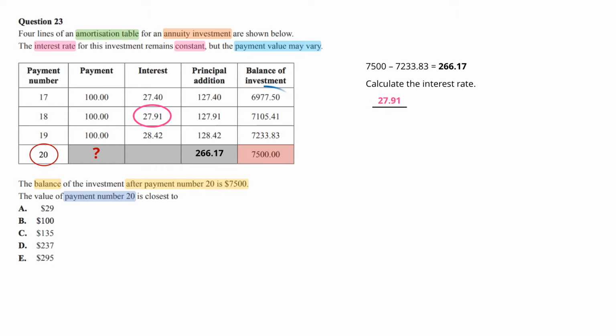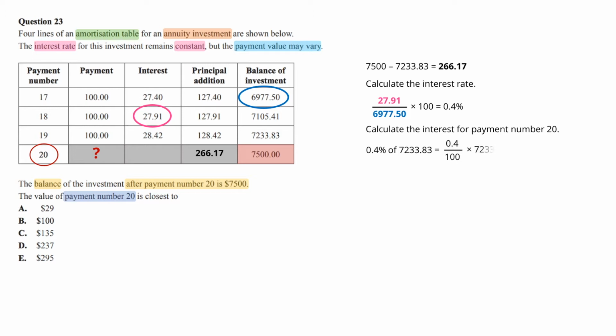Let's calculate the interest rate. 27.91 is the interest calculated on $6,977.5, which is 0.4%. We are now going to calculate the interest for payment number 20. 0.4% of 7,233.83 is going to be equal to 28.9353.